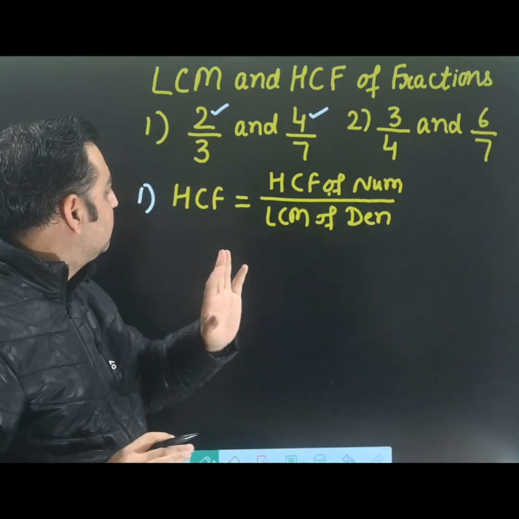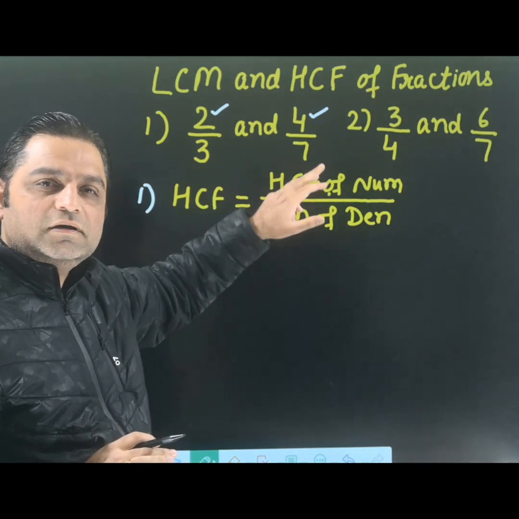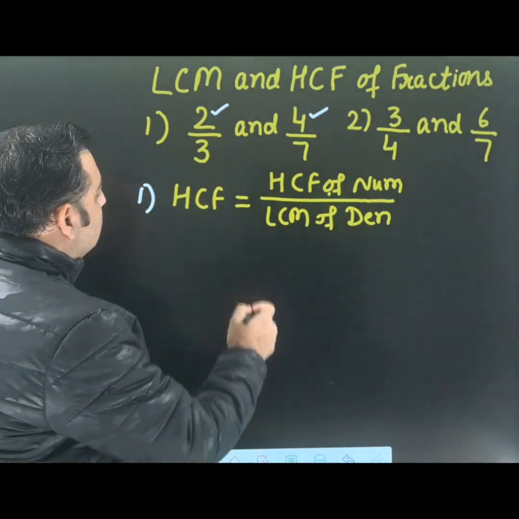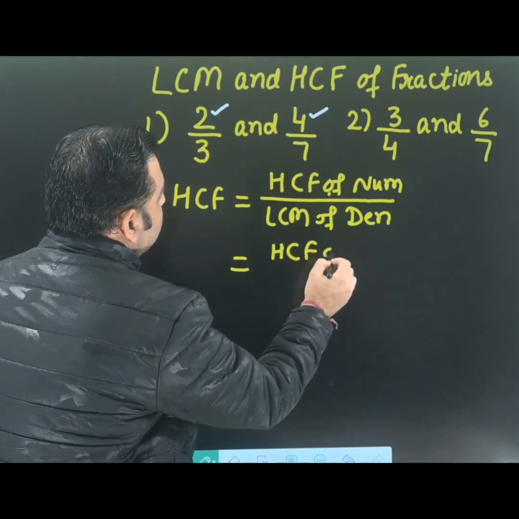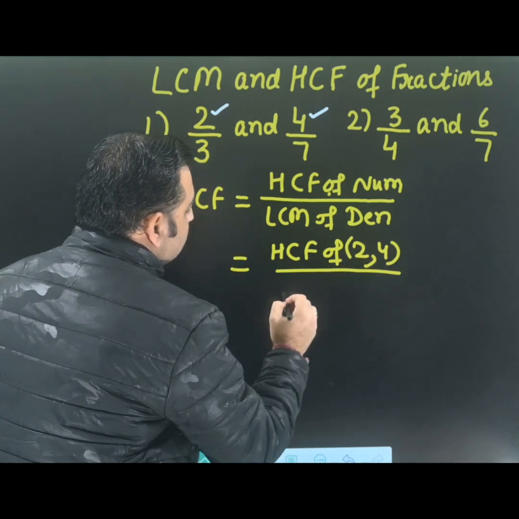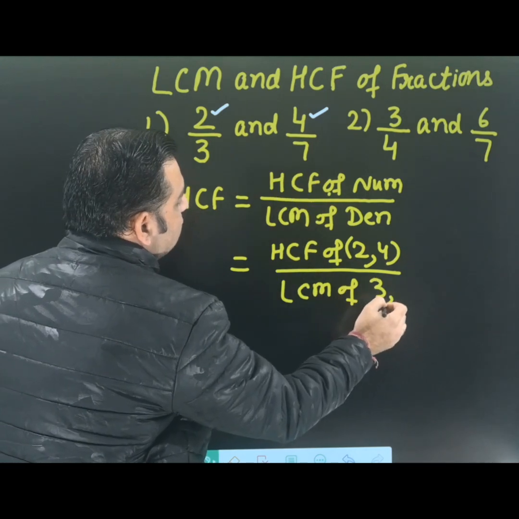Very easy way to remember is, if you are finding HCF, then HCF will be at the top, denominator will be LCM, reverse happens. So HCF of numerator means HCF of 2 and 4, and LCM of denominator means LCM of which two values, 3 and 7.